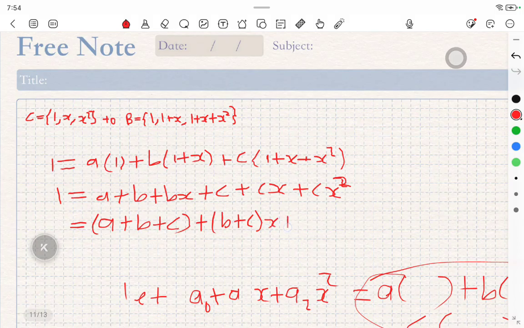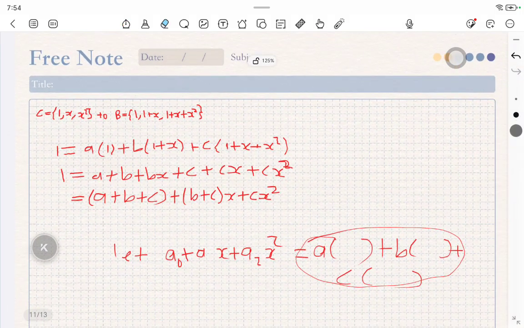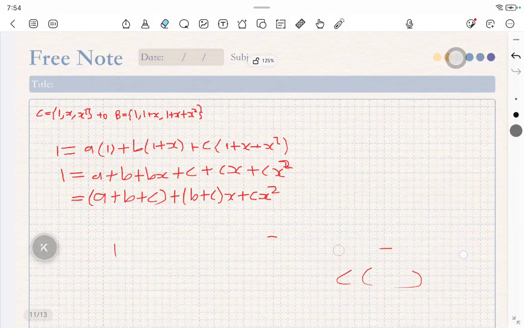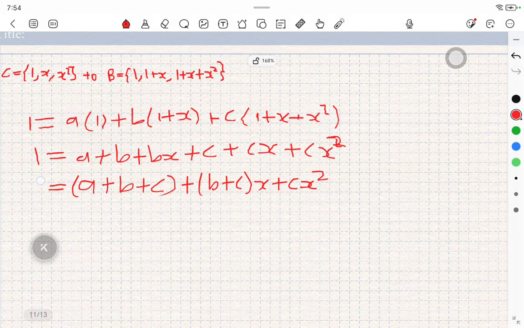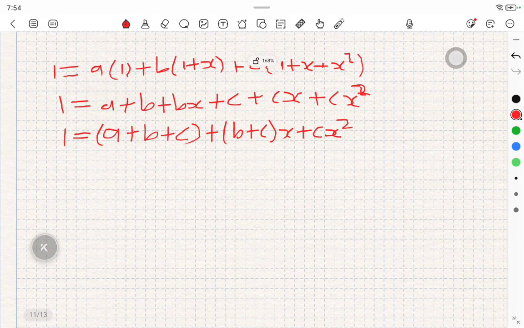And then we say plus cx squared. Now this is a linear combination. Right? Then already we know that c is equal to 0 and b plus c is equal to 0, meaning that b is equal to 0 because c is 0.